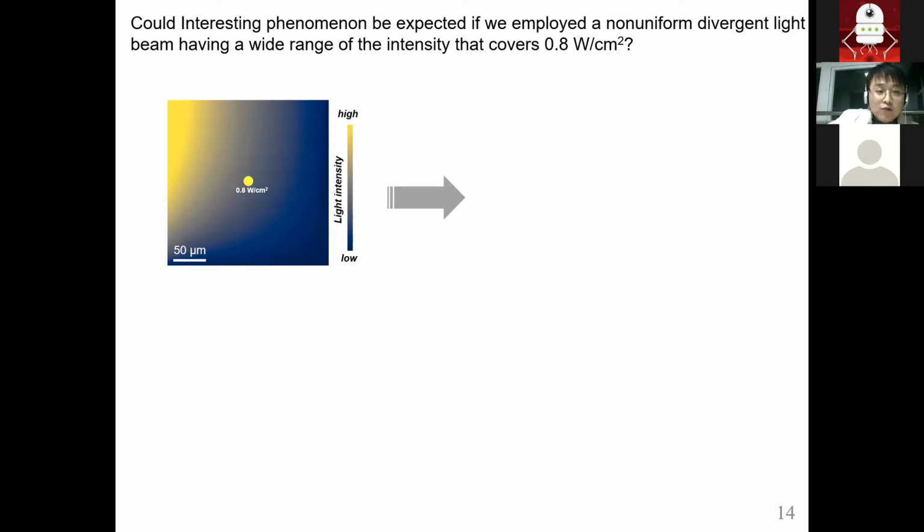So if we have a wide range of intensity that covers 0.8, 1 and 0.6, what happens?